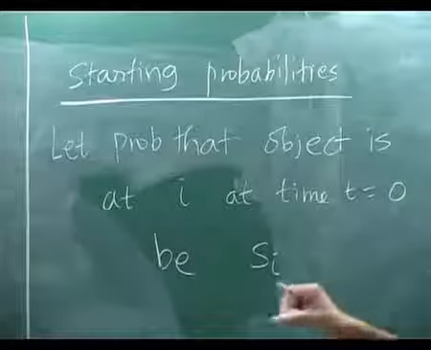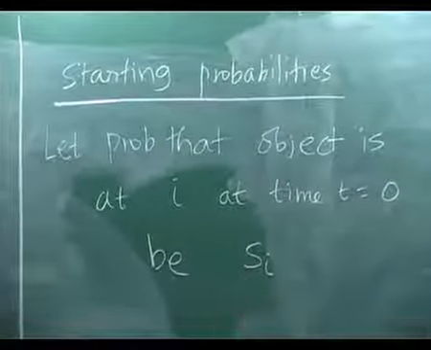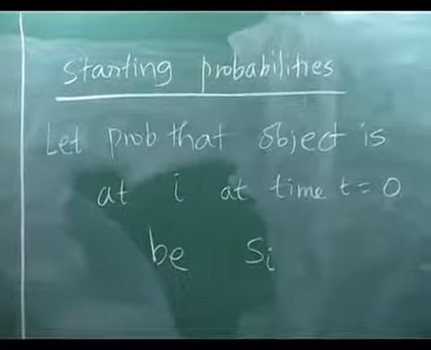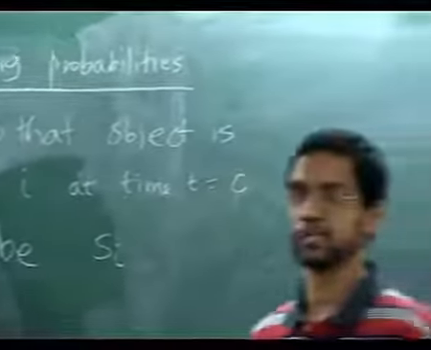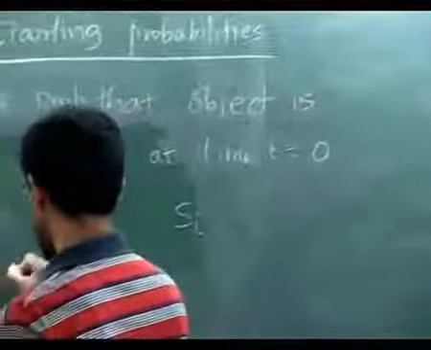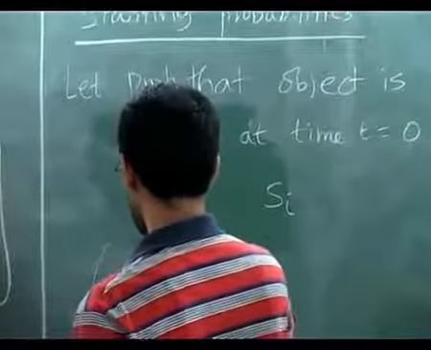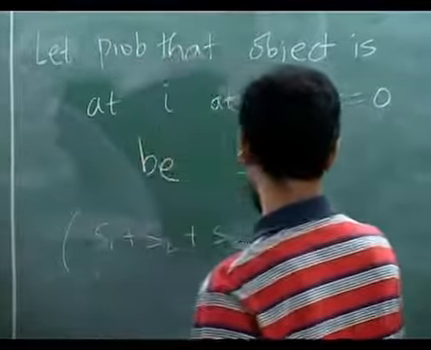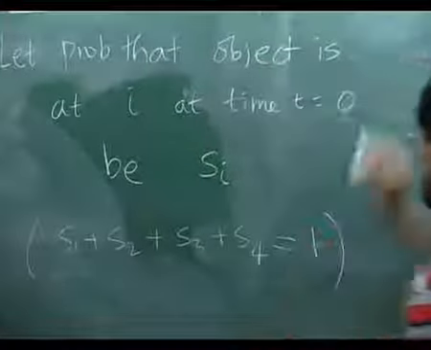Okay, the Si are the initial probabilities, S1, S2, S3, S4. What is the sum of the Si? 1 again, right? Because it must be 1. It's the total probability. So observe, probability of being in 1 initially or 2 initially or 3 initially or 4 initially, this sum is a 1.